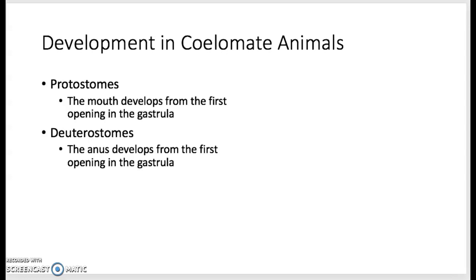Then there's deuterostomes, and that means that instead of the mouth forming, the anus is forming, so the rear, the butt, where the waste comes out of. Most organisms, believe it or not, are deuterostomes. So one of our most redeeming qualities, I feel.